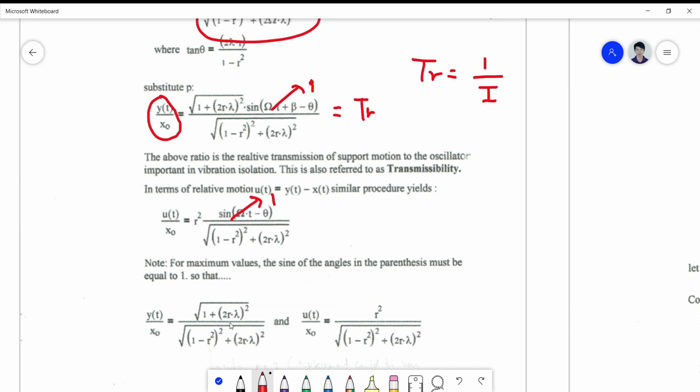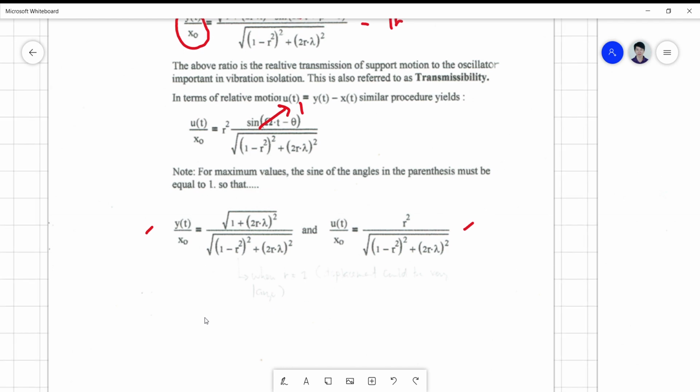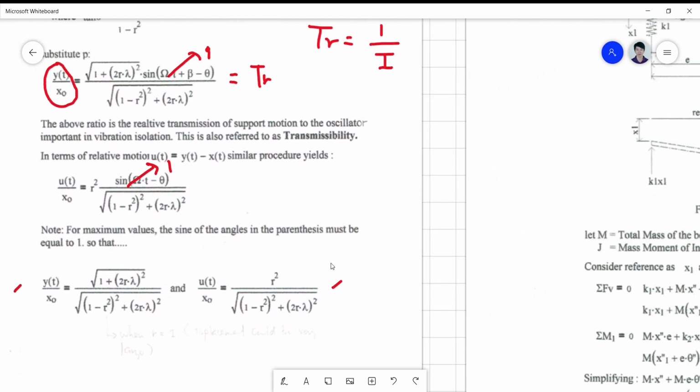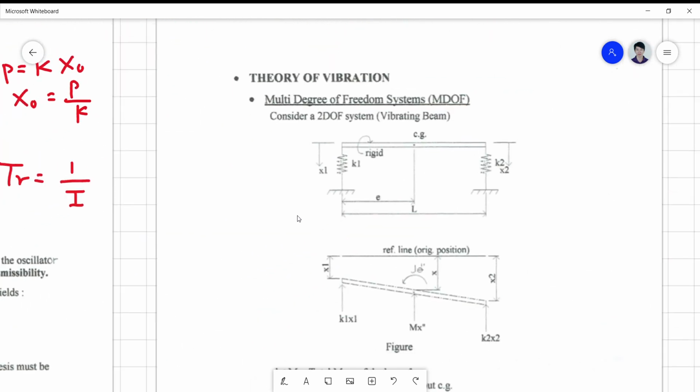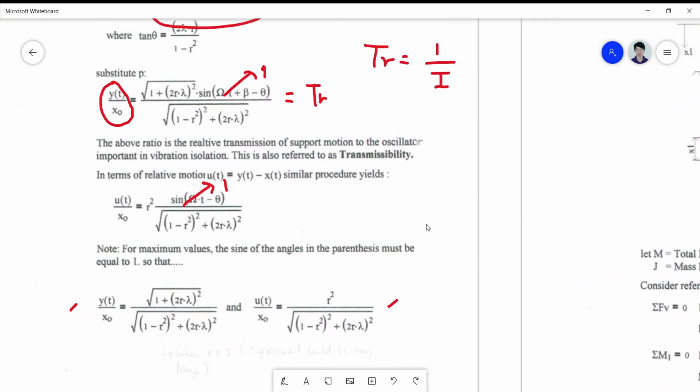So these are the two equations of transmissibility that represent both absolute and relative coordinates. Okay, so that's it for the support motion principle and the transmissibility concepts.